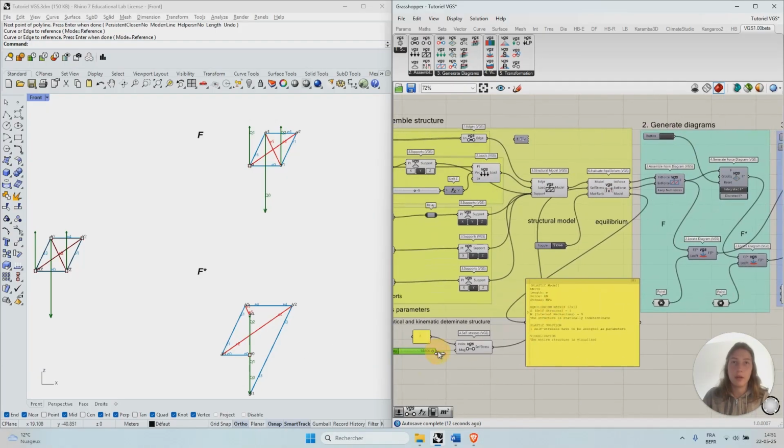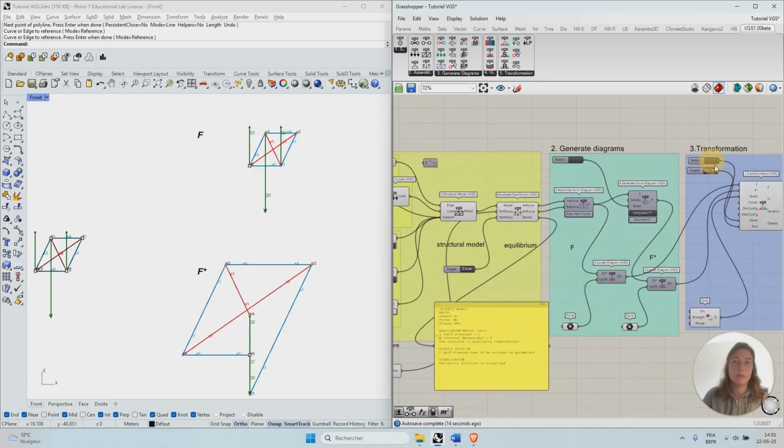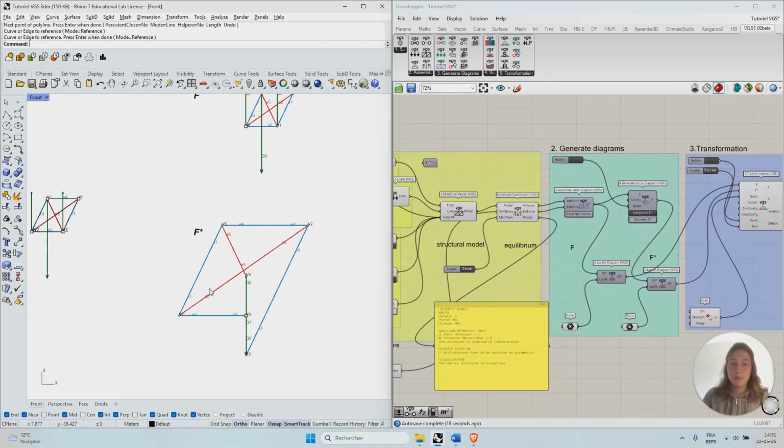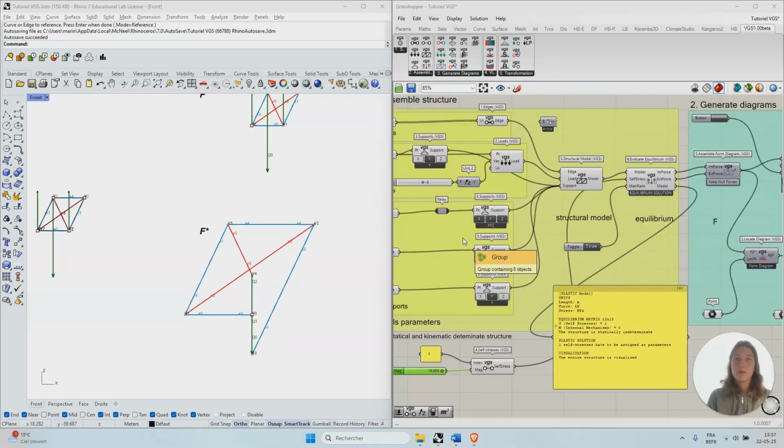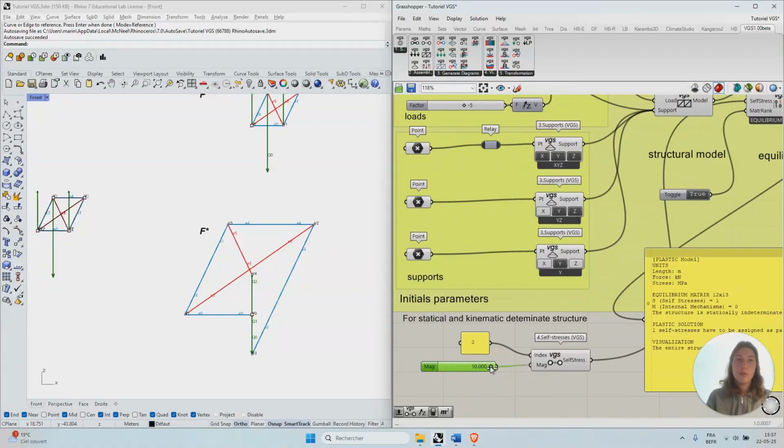If, for example, I put 10, as I increase the value of the self-stress, the internal forces in the structure also increase. We observe that the structure is in compression at the outside, but now if I put a negative value, for example, -5, we see that it's the opposite, and now it's in tension.